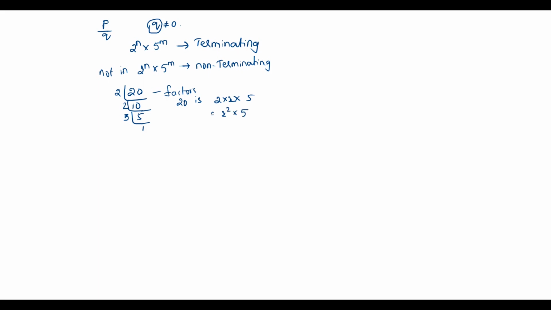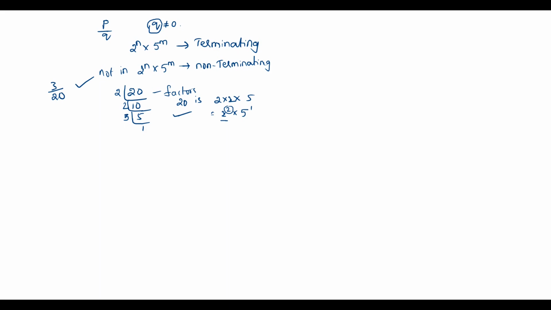So here it is in the form of 2 power n into 5 power m. So if we take the rational number as 3 by 20, we can say it is a terminating decimal number. To prove that, we solve it using the earlier division method.